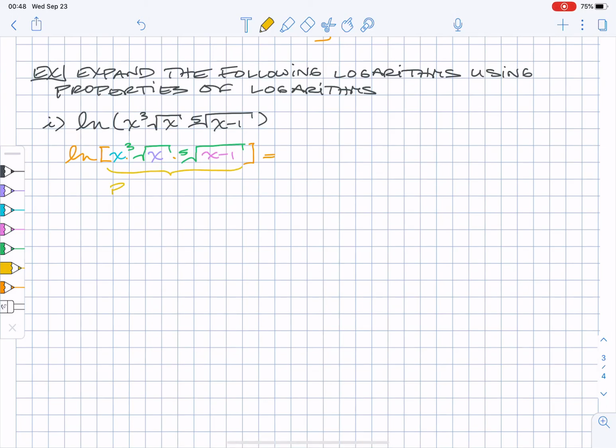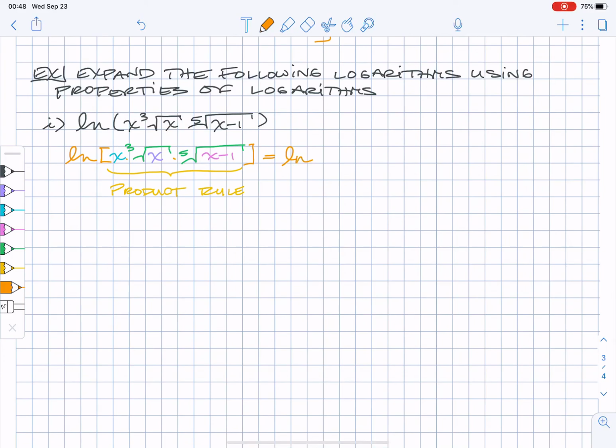So product rule. And the product rule states I can expand to addition. So this will be, what's the base here? E, it's natural log.